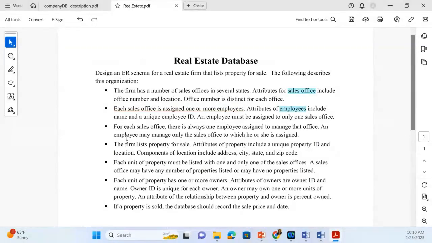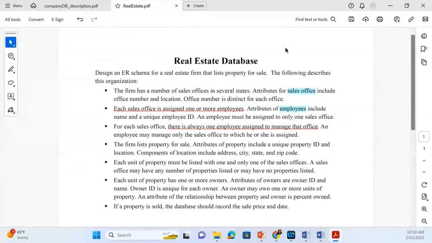Then for each sales office, there's always one employee assigned to manage that office. This shows a relationship type between an office and an employee. That employee will be the manager. So if we have employee and sales office, this will be one relationship between them to identify the manager of the sales office.